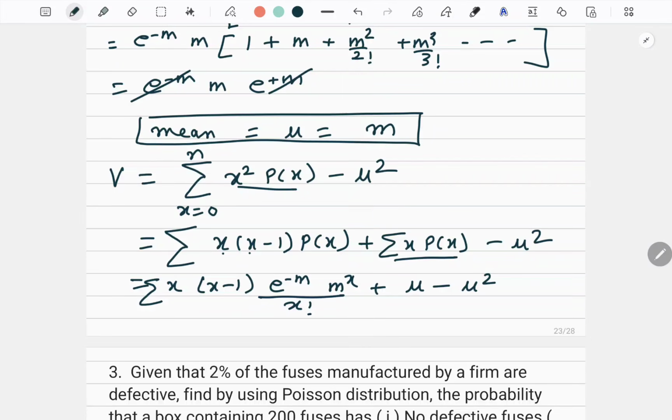Right? So now this x and x minus 1 is there. So x factorial should be opened for 2 steps instead of 1 step. Like in the mean you went down by 1 step, so for the variance you go down by 2 steps. I don't have space here. Just give me a second so that I can create the space.